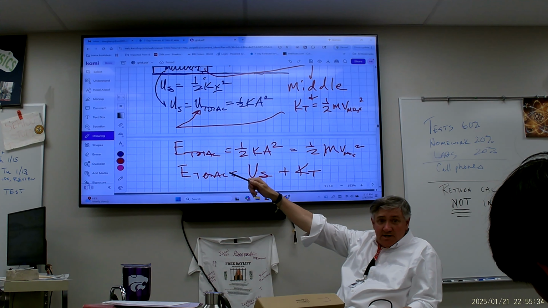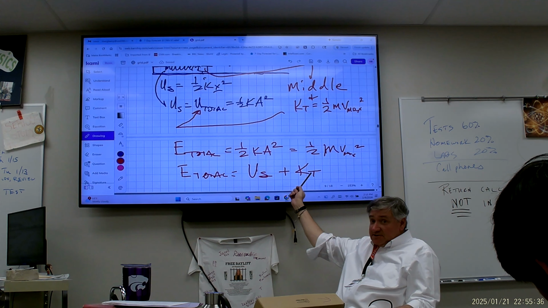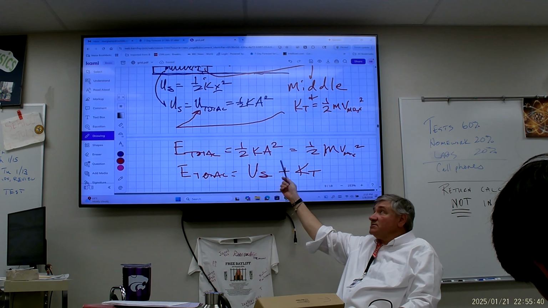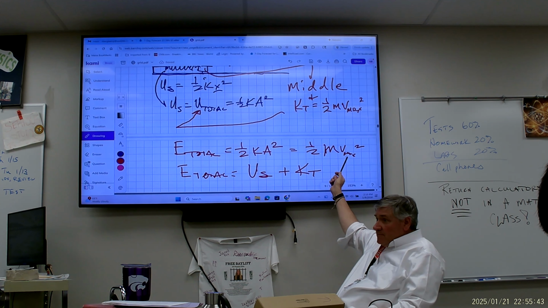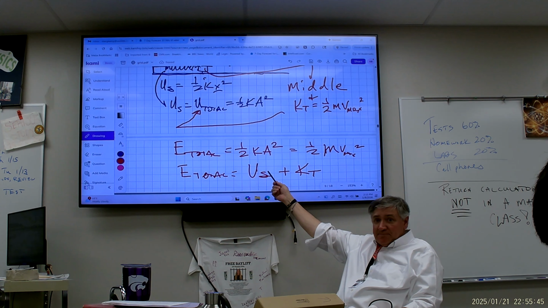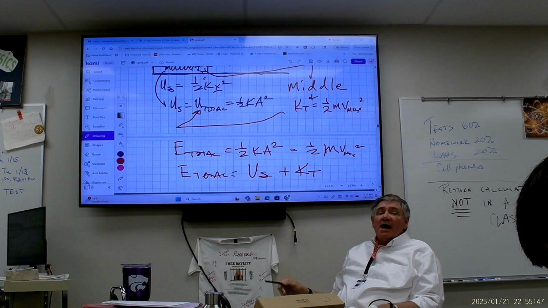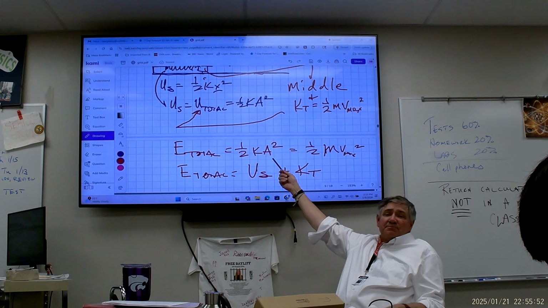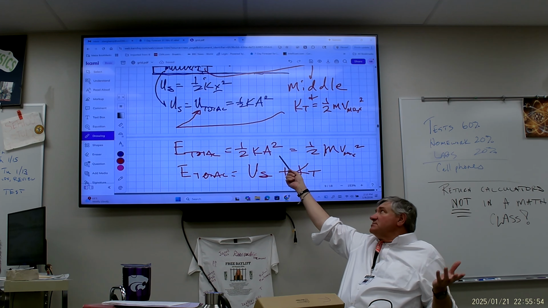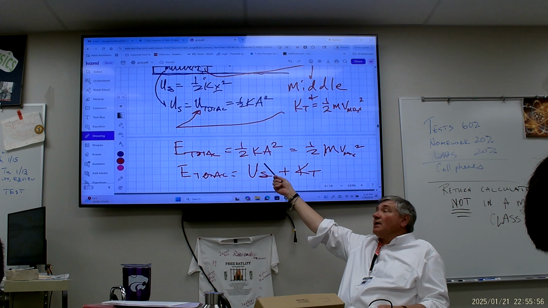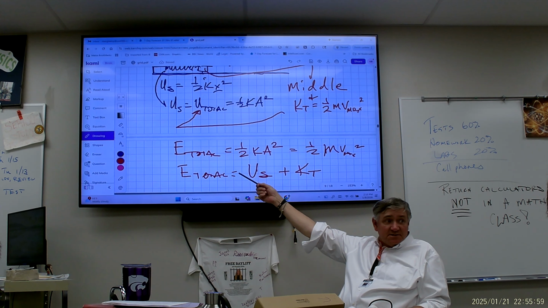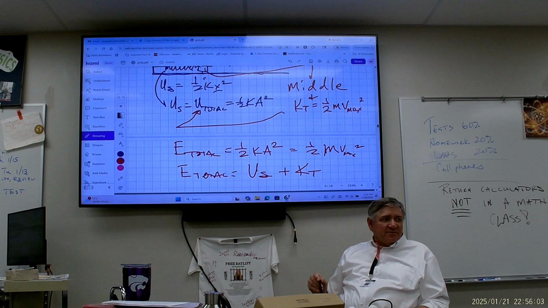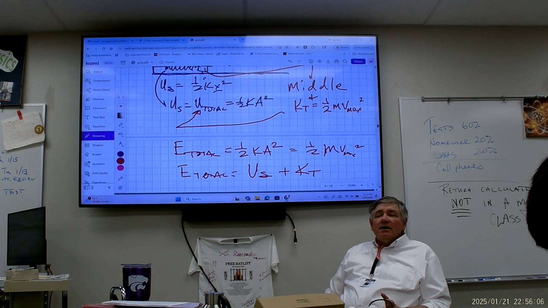If I'm at the extremes, I don't have any kinetic energy because I don't have any velocity, so that's going to be Us. So if I know either my v max, or if I know what my amplitude is and the k value, I can figure out what everything else is. Like if I know that my amplitude is 0.05 meters, and I know the spring constant, I can figure the total energy of the system. From there, I can figure out what the maximum velocity would be if I knew what the mass is.